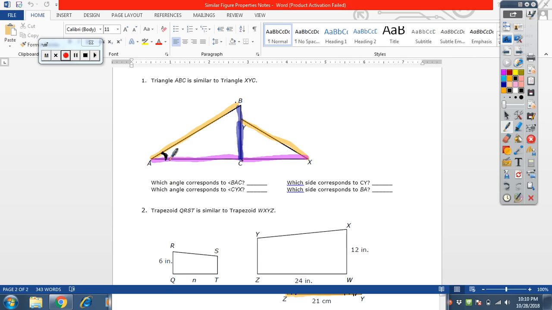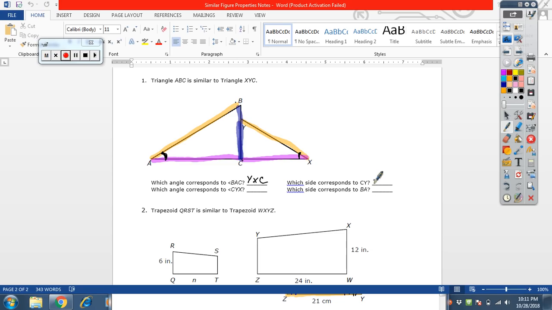Well, it's purple and orange, so you need the other purple and orange angle. BAC is the same as YXC. You could also say CXY, that's fine. The X is in the middle though, because you have to be able to trace from Y to X to C.